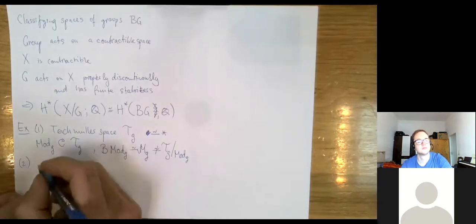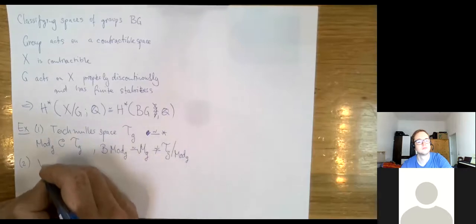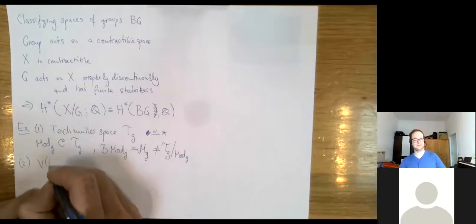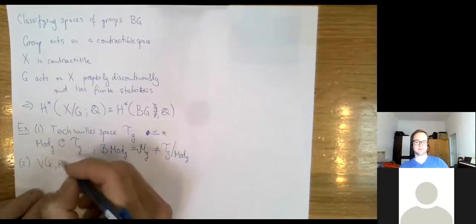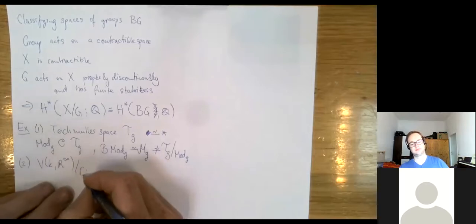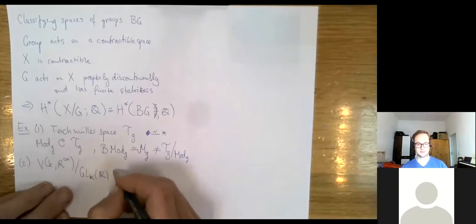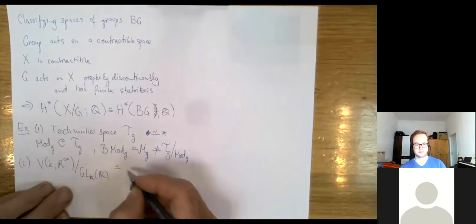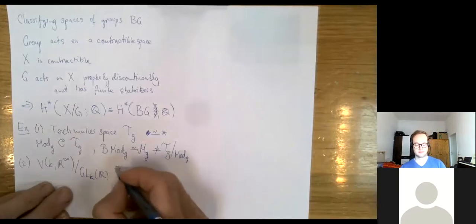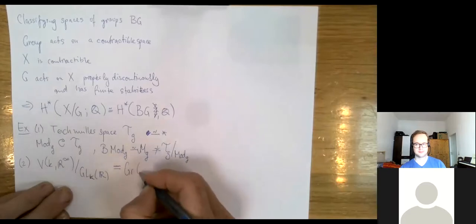For the Grassmannian, we had that actually V_K(R^infinity) mod G_K(R) is the same as, or is, that was our definition of the Grassmannian in some sense.